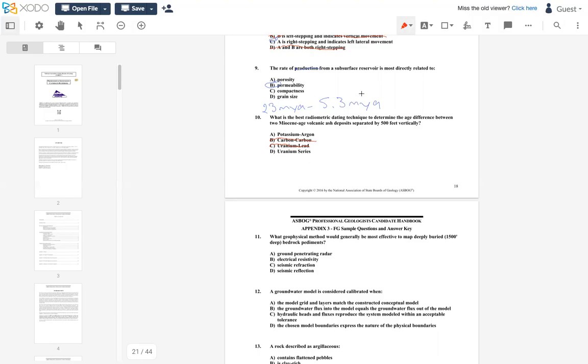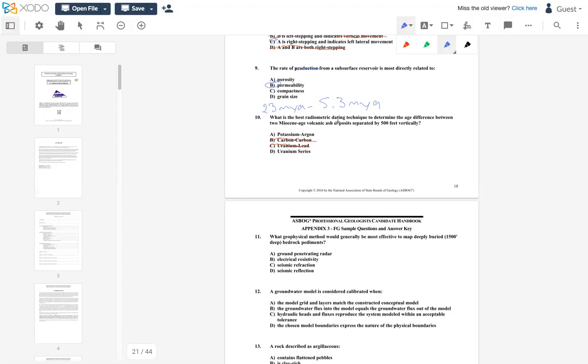But here's my argument for potassium argon. Potassium argon can be used to date really old things, and it has an application in dating old volcanic rock, and we're looking at volcanic ash deposits. So I feel really good about this. I feel very confident in my answer here because I know that potassium 40 and argon 40 are going to be present in erupted lava.